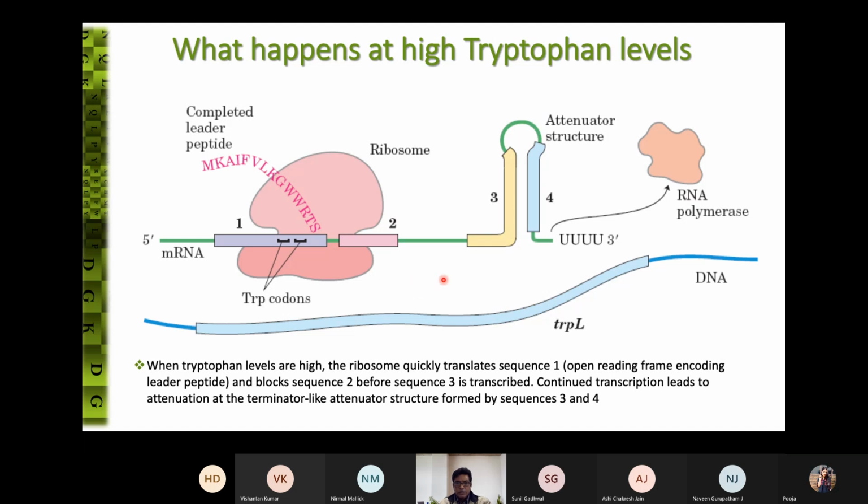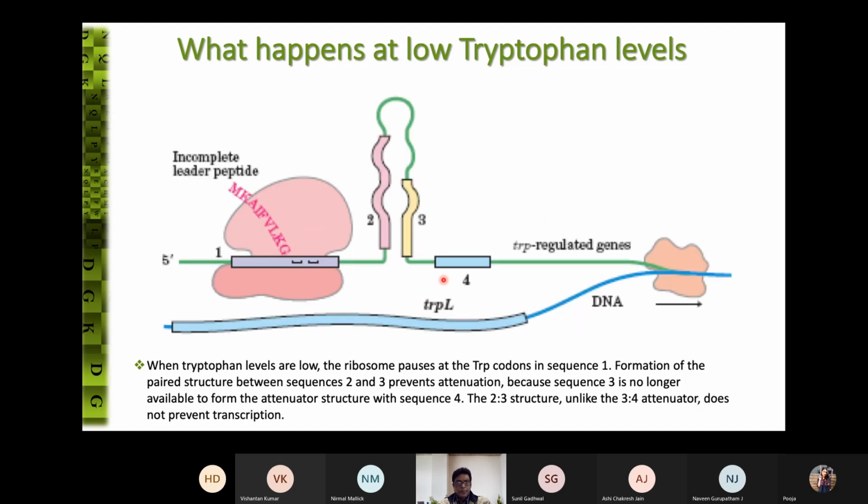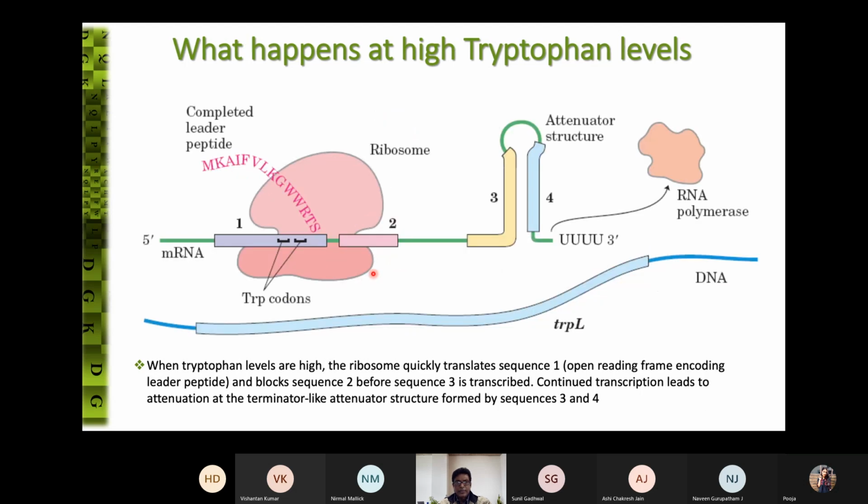Okay, so let's look at what really happens here. When there is a low amount of tryptophan present, it should essentially stall here and allow this 3 and 4 to synthesize.